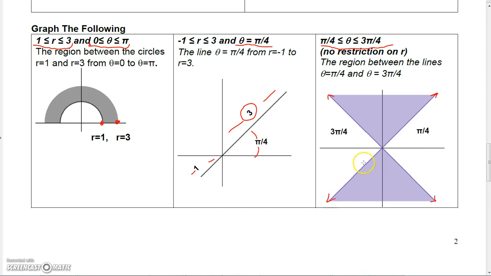So if you want theta to stay between pi over 4 and 3 pi over 4, that would be between here and here, and on the lower half it would be between here and here. So that would be the shaded area that would represent it.